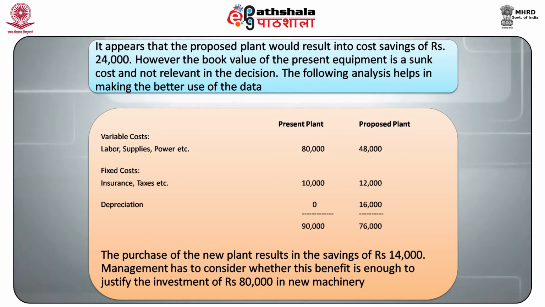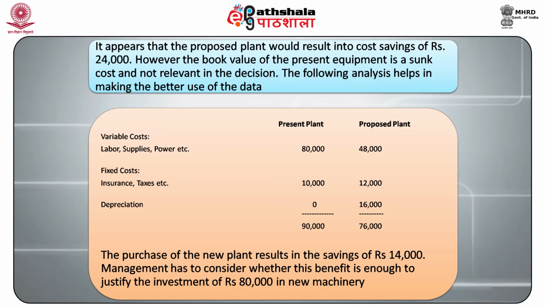However, the book value of the present equipment is a sunk cost and not relevant in this decision. The following analysis helps in making better use of the data. For the present plan, the variable cost which includes labor, supplies and power is 80,000. The fixed costs include insurance, taxes at 10,000, the depreciation at 0, and the net is 90,000.